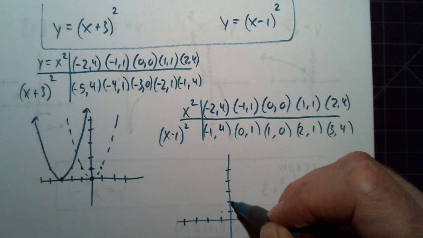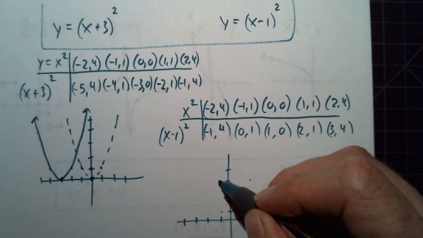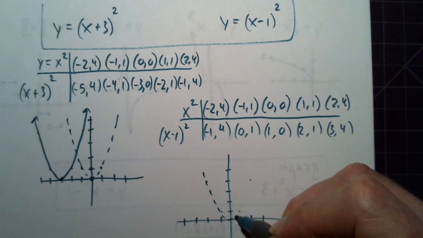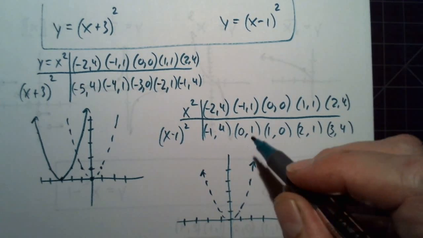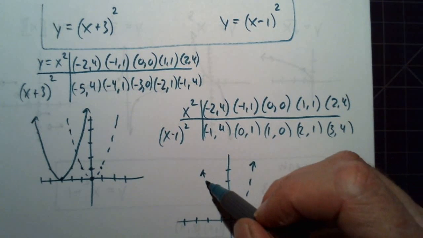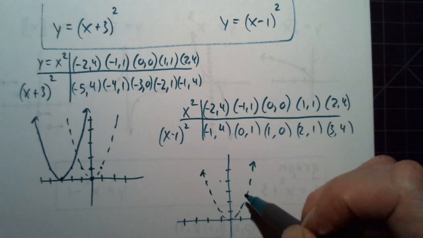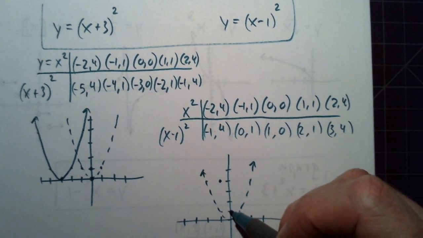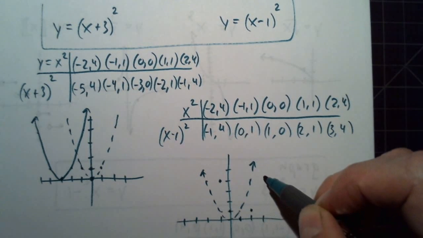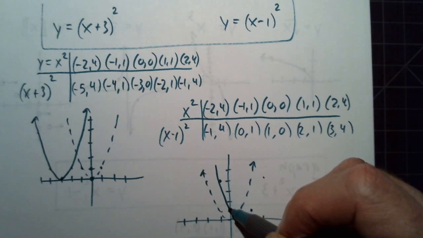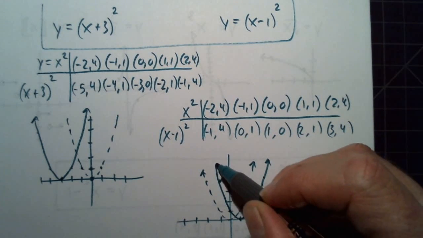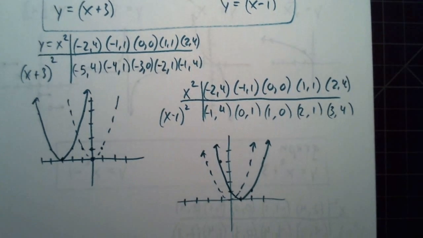So we have the parent function, and we go negative 1, 4, 0, 1. We get those points, and it translated 1 to the right.